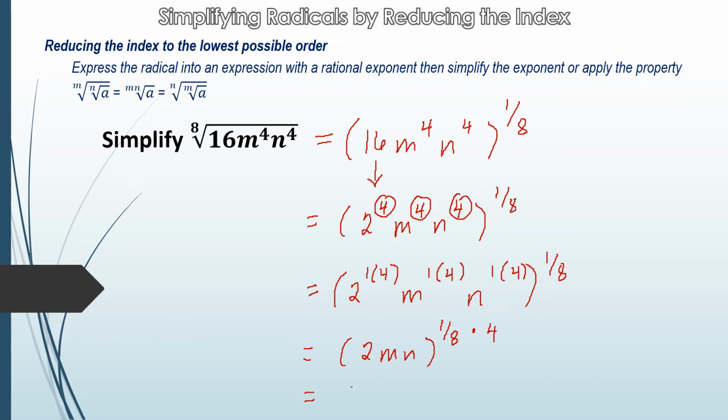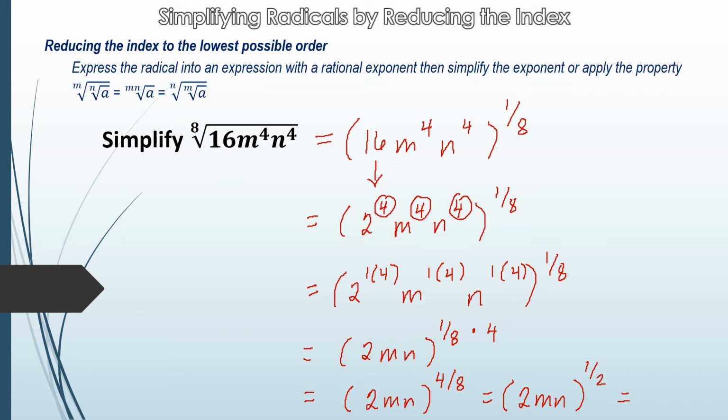Next, we have quantity 2mn raised to, let us multiply the exponents 1/8 times 4. So the product is 4/8. If you will try to observe, we can simplify the exponent in lowest term. So we have 2mn raised to 4/8, in lowest term is 1/2.